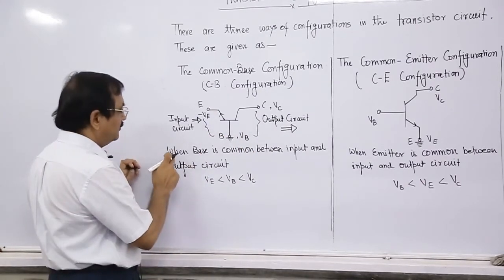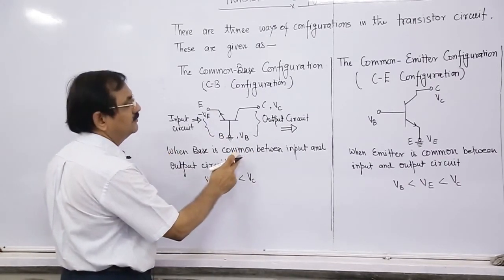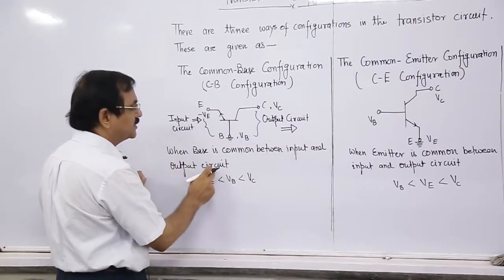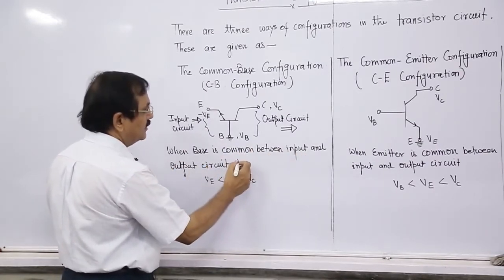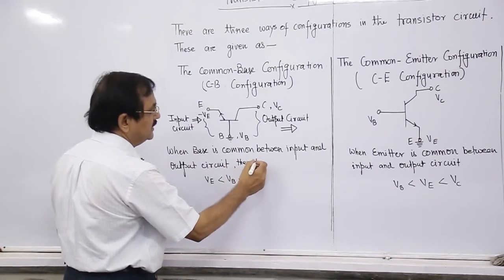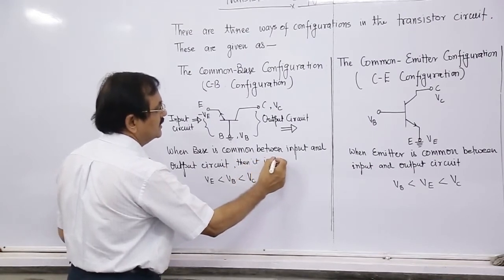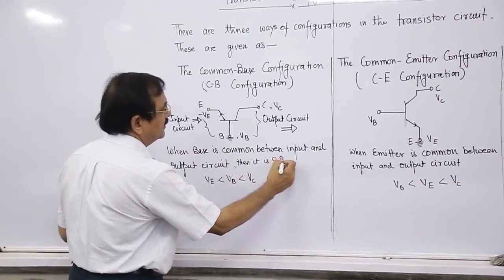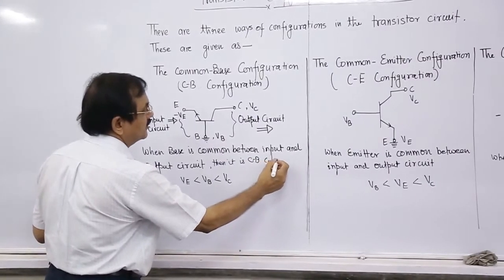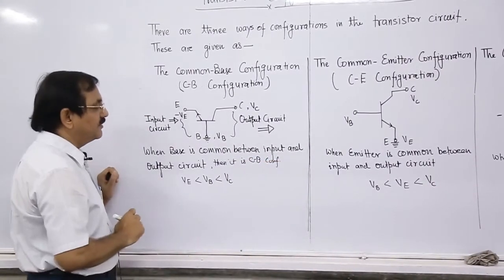When the base is common between the input and output circuit, it is the CB configuration.